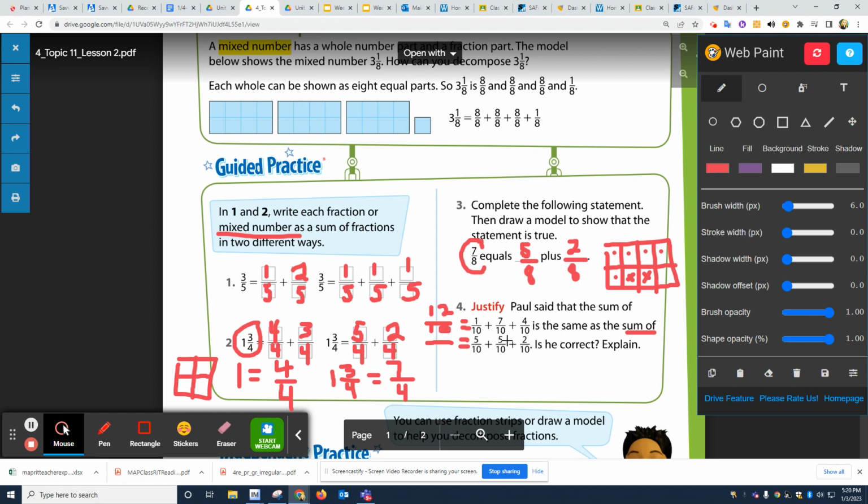And then I have 5 plus 5 is 10, plus 2 is 12. 12/10. So I have exactly 12/10 and 12/10. So he is correct. When I added the sums together, I got 12/10.